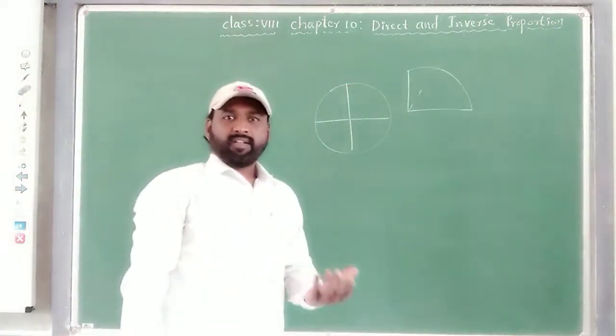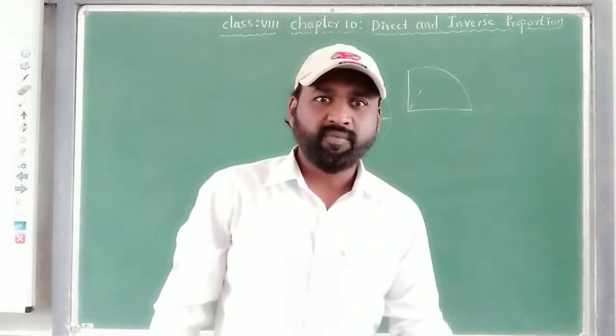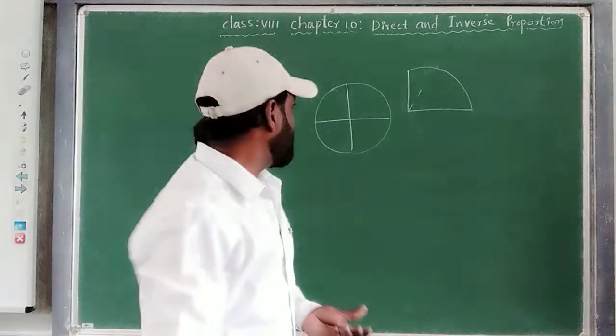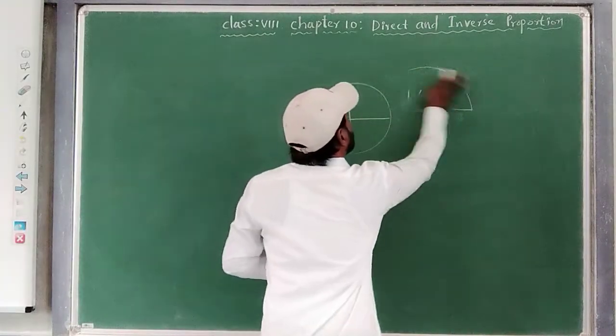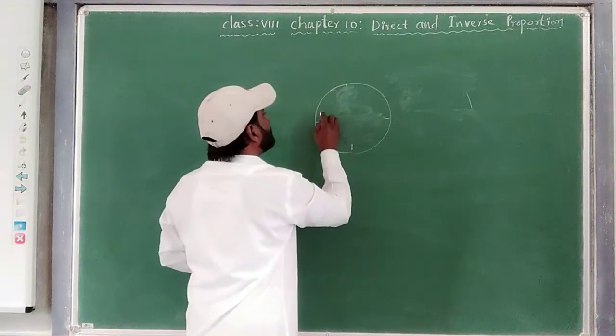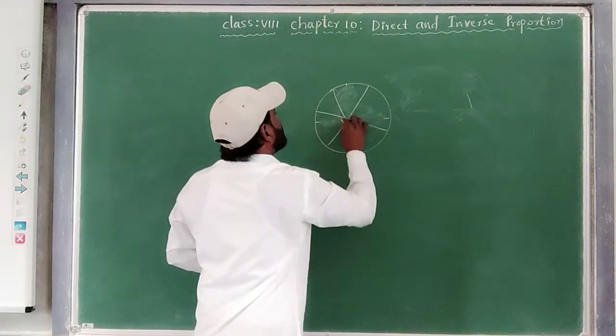Suppose the number of friends you invite is more than 4, that means 5 friends you have invited. Then you have to make this cake into 5 equal portions, like this.